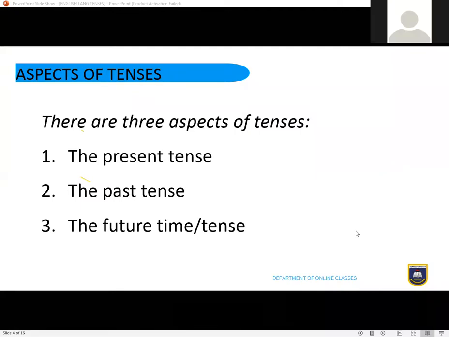The future time. Very good. The future time or tense. So we are done with the present tense. Now the next thing for us to do is the past tense. All right?